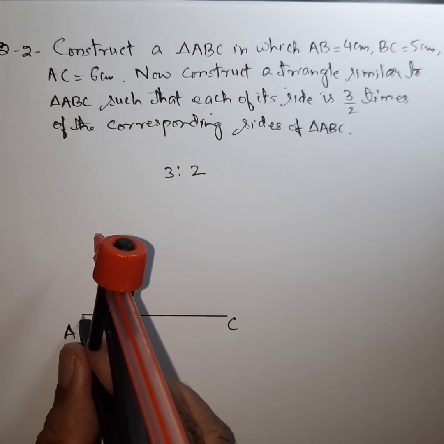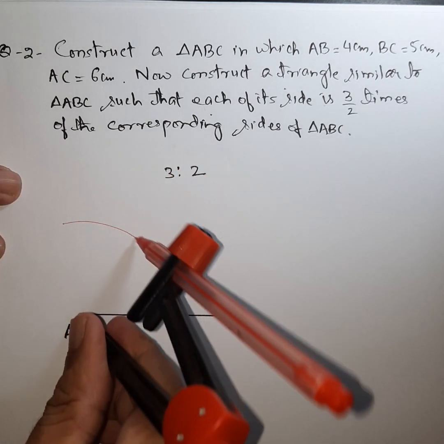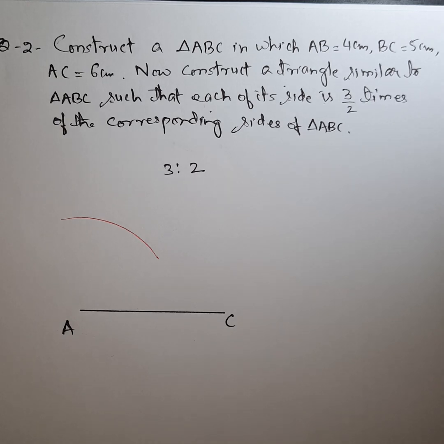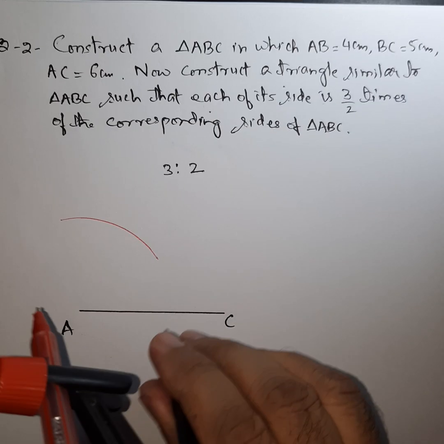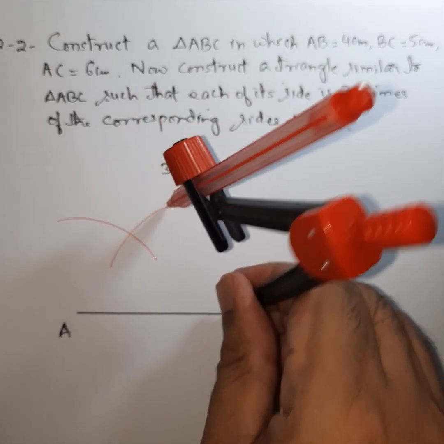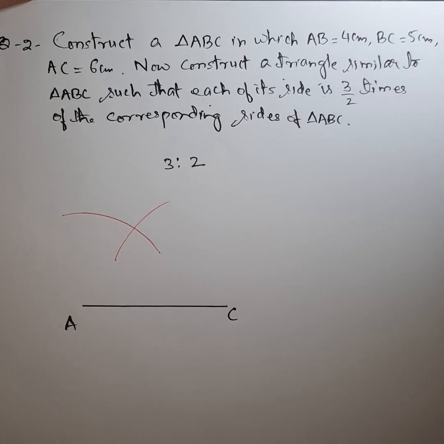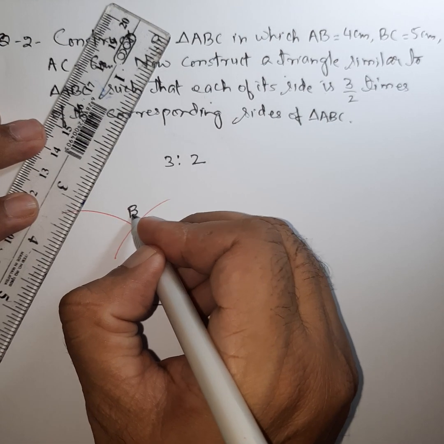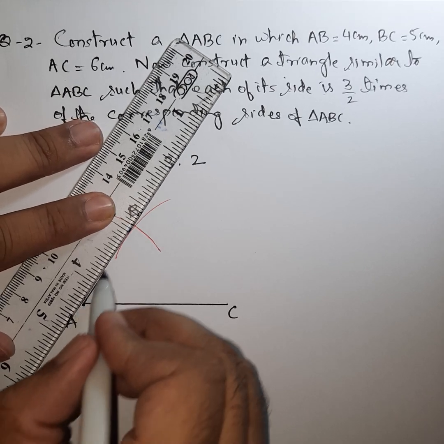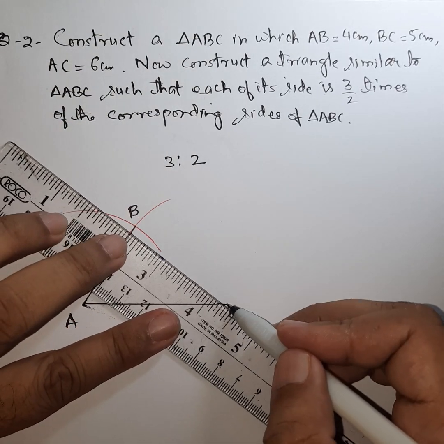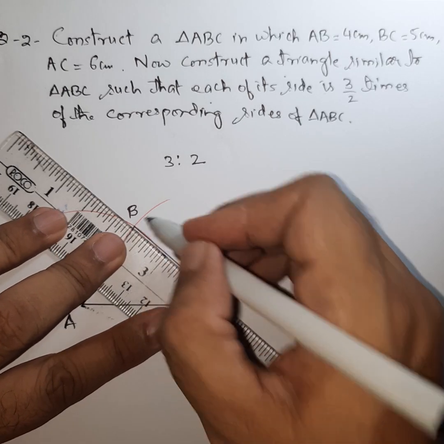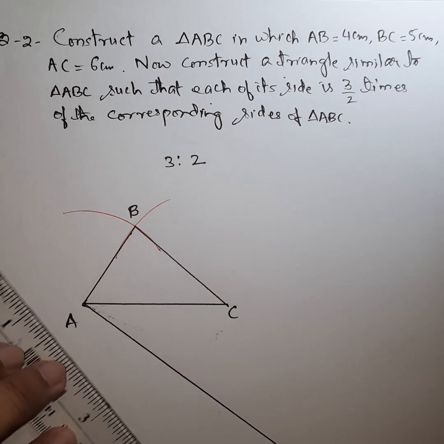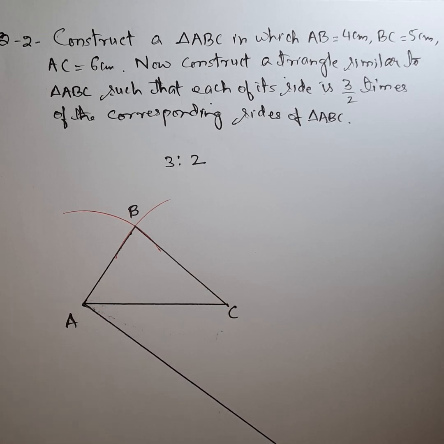Draw an arc at 4 centimeter, another arc with 5 centimeter, this intersection is B, so join ABC. This is the given triangle. Okay, and similarly you have to make an acute angle CAX.